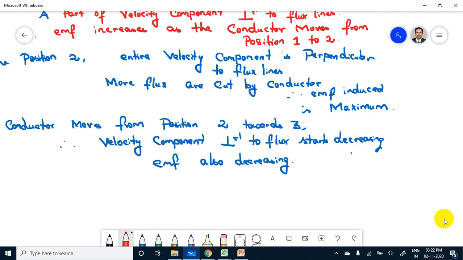In our graph, this is 1, this is 2, this is 3. So when the conductor moves from 2 to 3, the EMF value will be decreasing. When it moves from 1 to 2, the EMF value will be increasing.